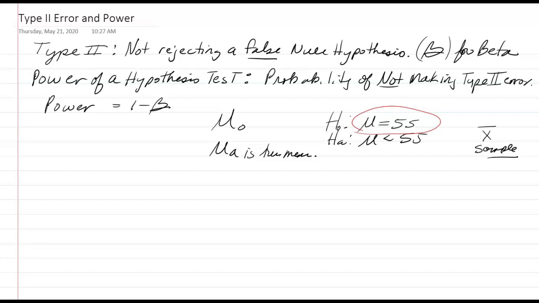It's going to be closer to that 48 value, in which case our hypothesis test is most likely going to lead us to the conclusion of rejecting, and therefore giving us a very, very little chance of making a type 2 error.